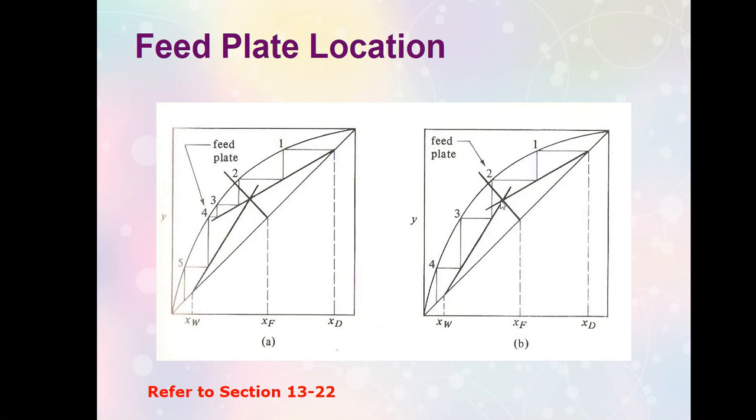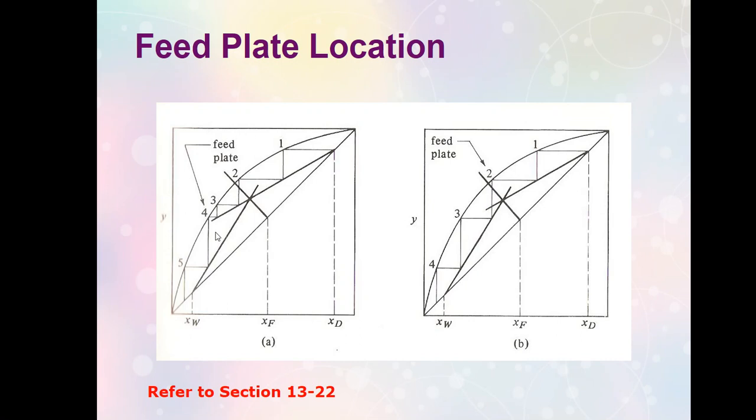In this case, since this is where the three operating lines met or intersected, then the transfer of the stages here when you do it stepwise will be from this particular line going down straight to the stripping section operating line.